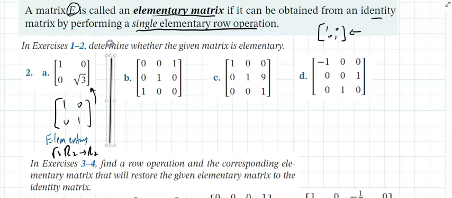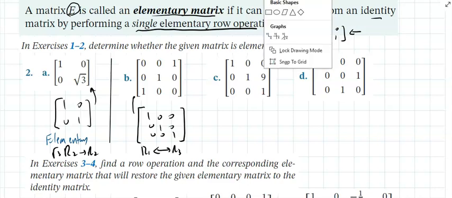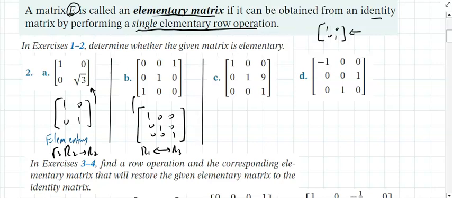We say B is also an elementary matrix. So to get from this to what they have, all I have to do is interchange row 1 with row 3. And since that's the only operation that we do, pretty much that's elementary.